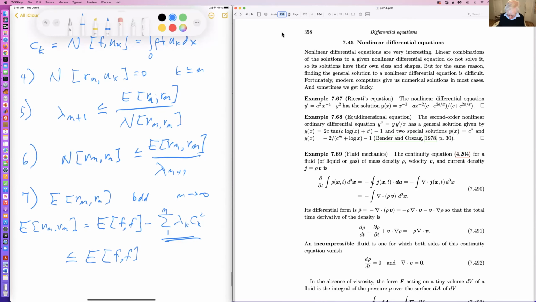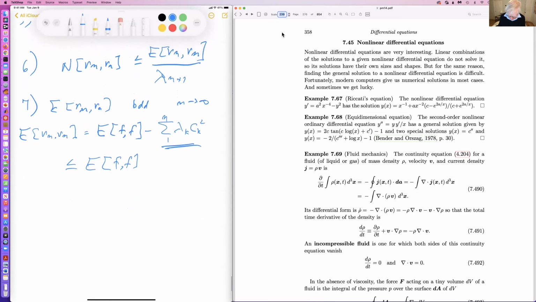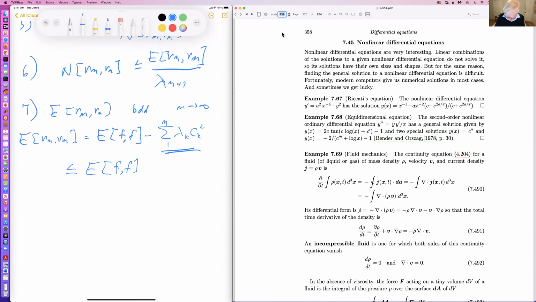Now we put all this together and we get 8, which is then that the norm of Rn, the error, in other words, is less than or equal to E of f f, which is bounded, divided by lambda n plus 1. And so that goes to 0 because the lambdas go to infinity.